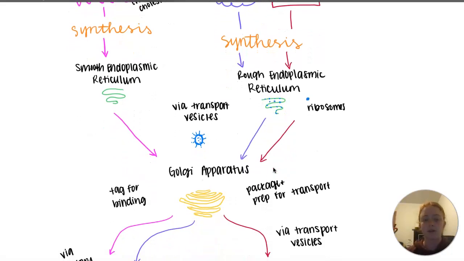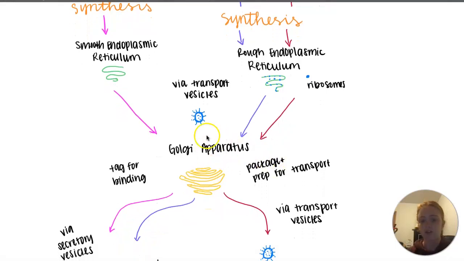Once these macromolecules have been created, they are packed into transport vesicles and sent to the Golgi apparatus. There are two faces of this organelle: the cis face and the trans face. The transport vesicles enter through the cis face, and within the Golgi apparatus, they are packaged and prepped for transport, and then tagged for their correct binding actions and locations.